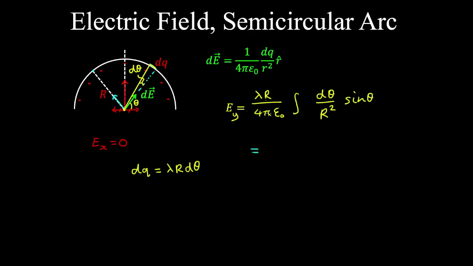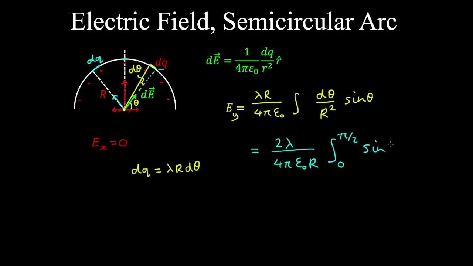So simplifying this integral, we have lambda on 4 pi epsilon naught by r on r squared, which is r, and we're integrating from an angle of 0 to half of the arc being pi on 2. And therefore we multiply the result by 2 due to the symmetry of the problem. So in other words, the electric field, due to a differential charge on this side, is going to have the same magnitude.